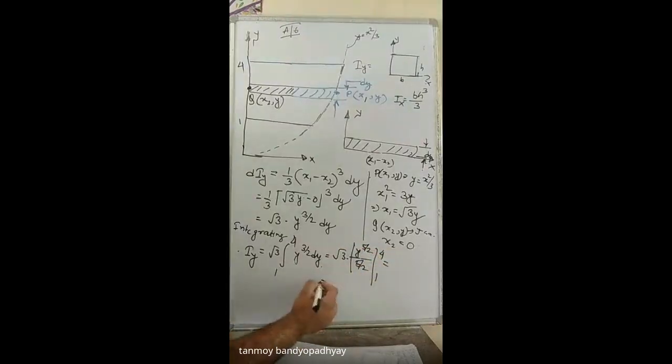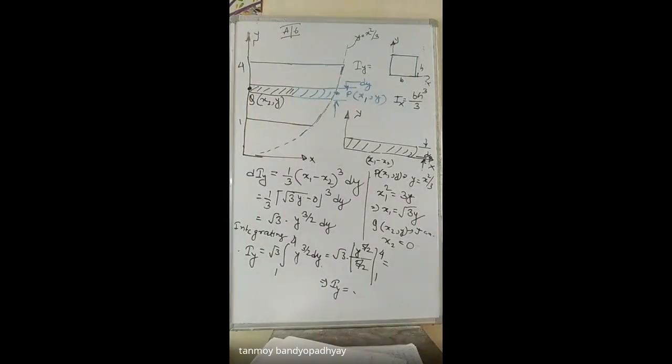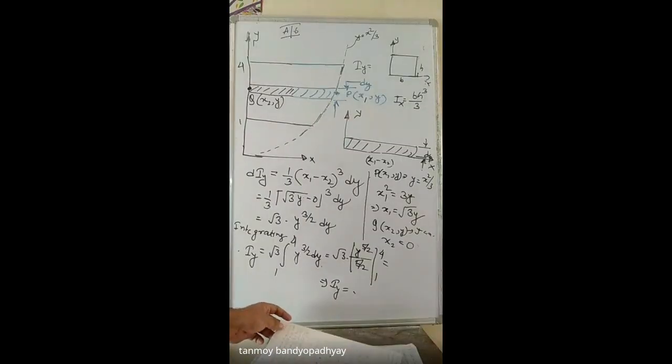Just calculate and see what value of Iy you are getting. The value is 62 root 3 by 5, which is 21.5. That will be the answer.